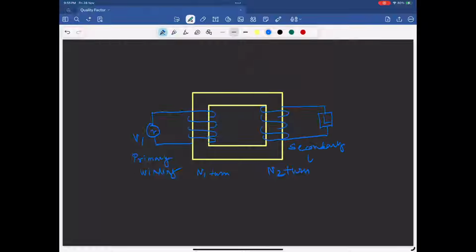The primary winding is connected to a single phase AC source, that is V1. When it is connected to the alternating source, I0 current flows in it. This alternating current produces an alternating flux, which I have written as phi equals phi m sin omega t.